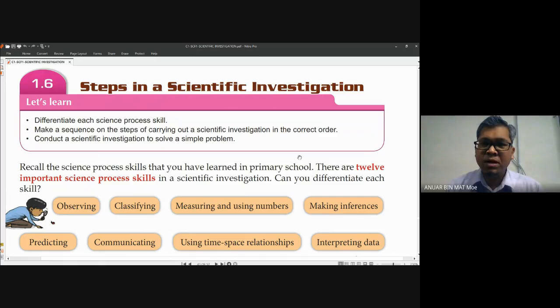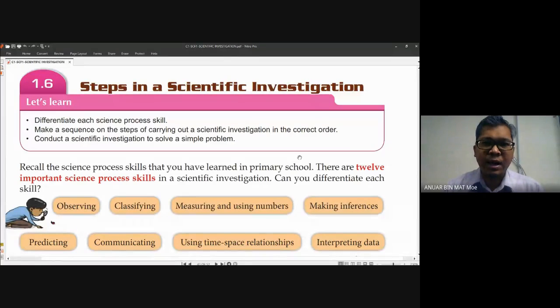Investigation means kamu menyiasat. You want to know how the process works, you want to know what is going on when you observe the phenomena around you. So you need to have a scientific investigation, and the scientific investigation has steps in it.